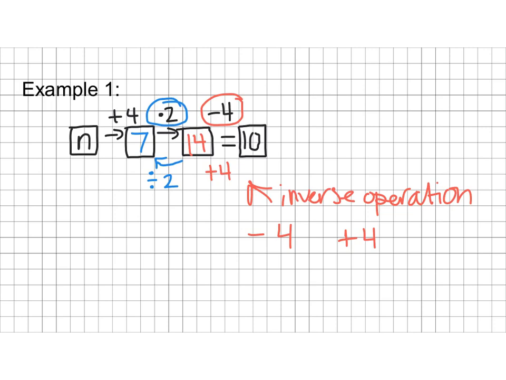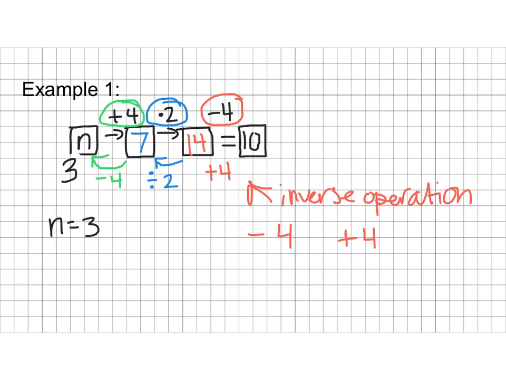On our last step, which was, of course, the first step in the original problem, they added 4. So if we're working backwards, we must need to subtract 4. And if we subtract 4 from 7, that would leave us 3. All right, so now we think that n equals 3.